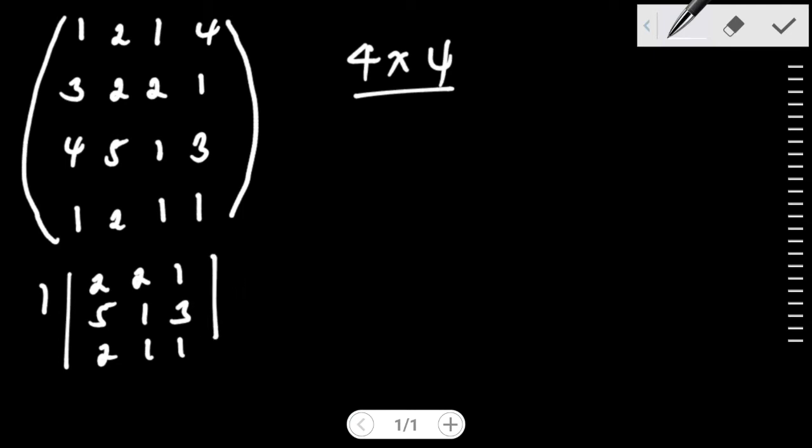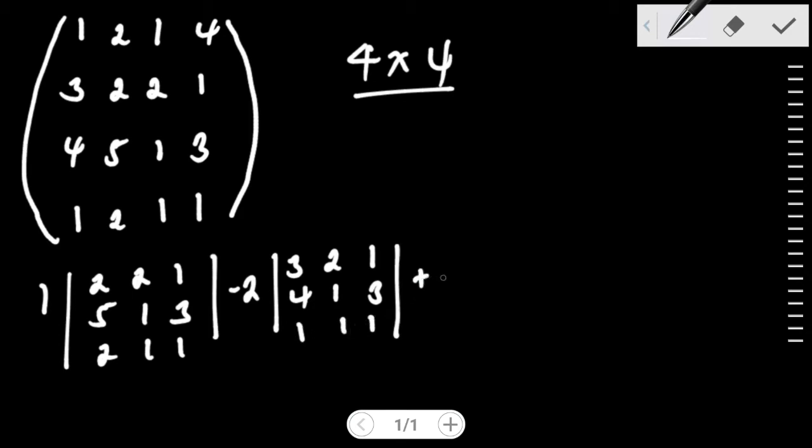Then remember, signs go on changing, and therefore minus 2, I'm going to have 3 2 1, 4 1 3 and 1 1 1.